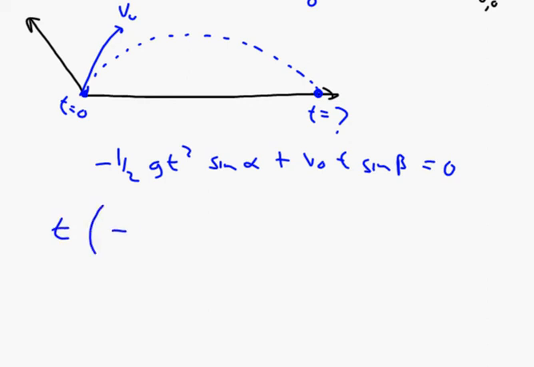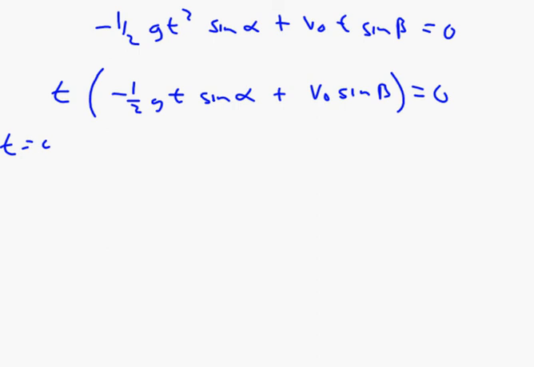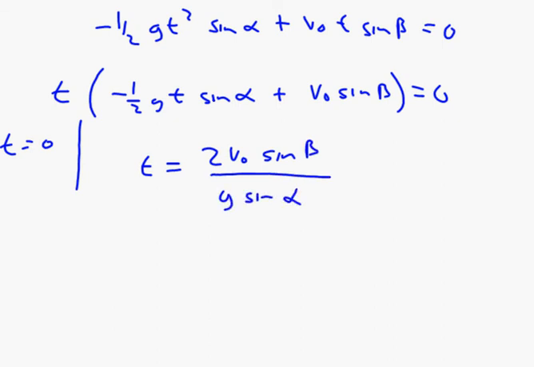And then you're going to have negative a half gt sine alpha plus v0 sine beta equals 0. So there's t equals 0 like we expected. And then over here, if you solve this, you're going to get t equals 2 v0 sine beta over g sine alpha.